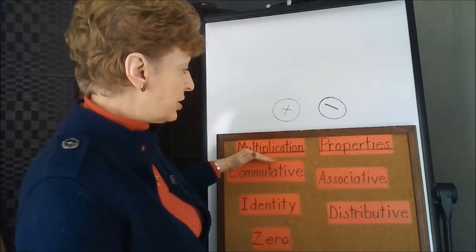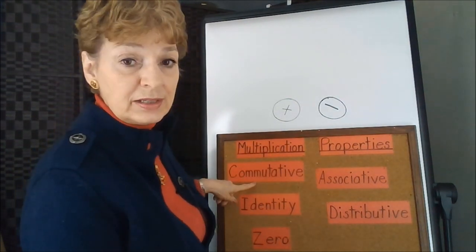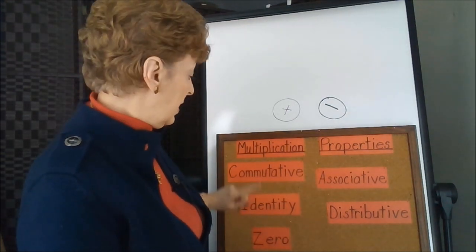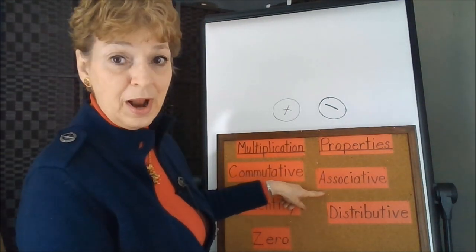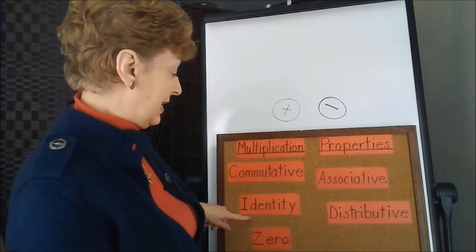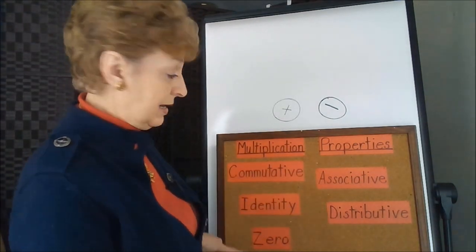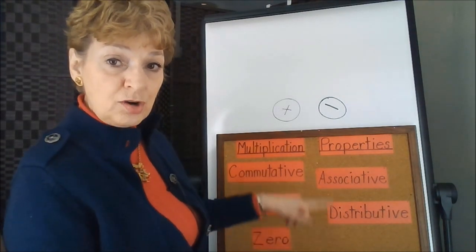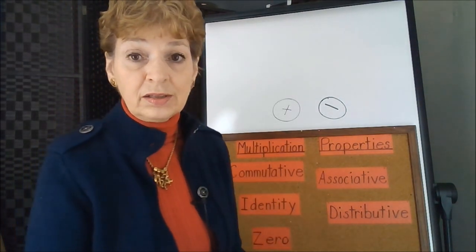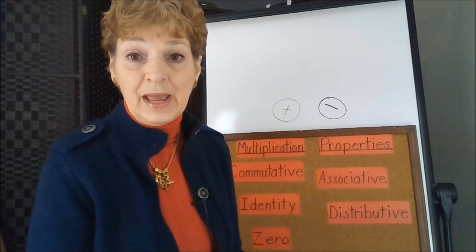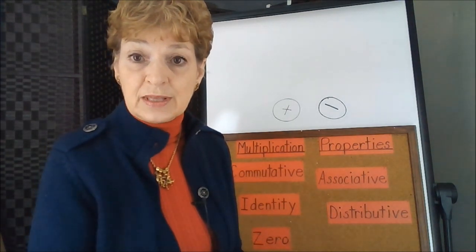In multiplication, we have something called a commutative property. We have an associative property, identity, distributive, zero. These are all properties, and they all have certain rules for them and places where you can use them.